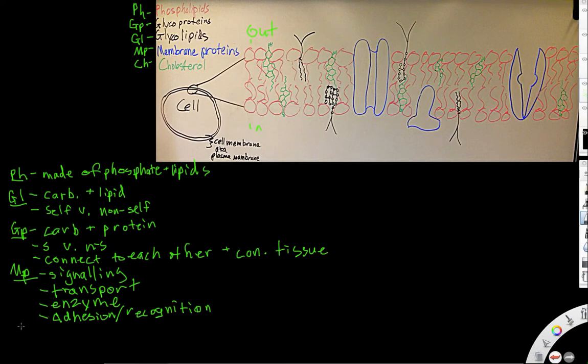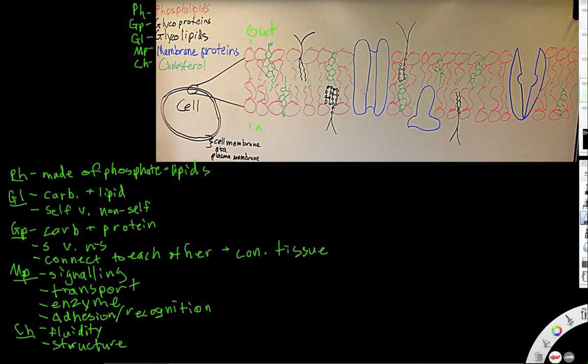And then finally, we have cholesterol, which helps maintain fluidity under stress, as well as structure under stress. So these are the 5 main constituents of a cell membrane, also known as a plasma membrane.